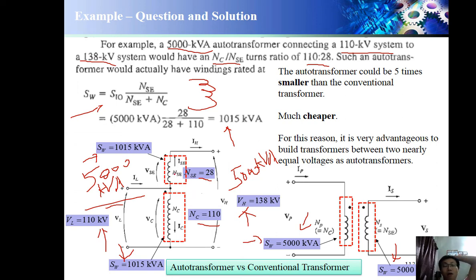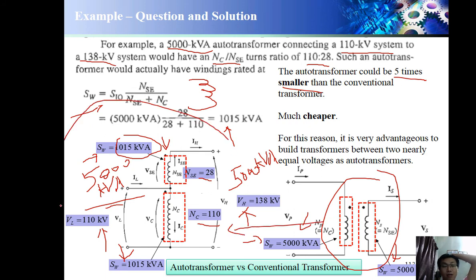So, for example, this is 1000 kVA, which means the winding only needs 1000 kVA. However, another 4000 kVA passes directly from input to output. So the auto transformer could be 5 times smaller. Which means if I use a conventional one connected like this, it becomes like this, whereby this is 5000 kVA, this is 5000 kVA.